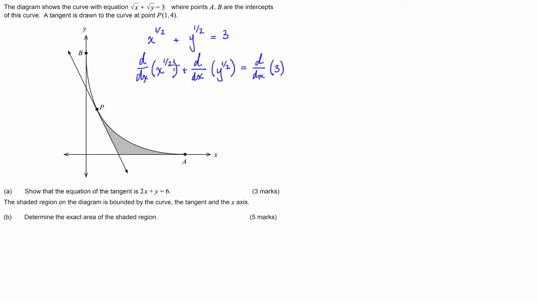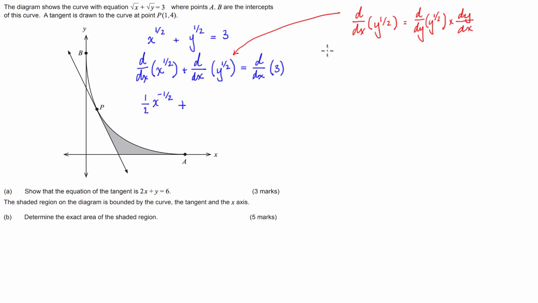So when we differentiate this, guys, the first one we'll differentiate like normal. This is going to be 1/2 x to the power of -1/2. And for the derivative with respect to x of y to the power of 1/2, we're going to use the chain rule here: the derivative with respect to x of y to the power of 1/2 is equal to the derivative of y to the power of 1/2 with respect to y times the derivative of y with respect to x.